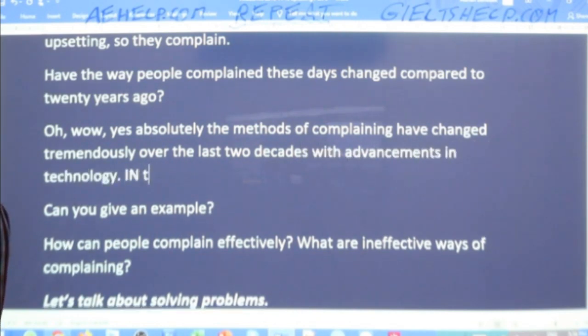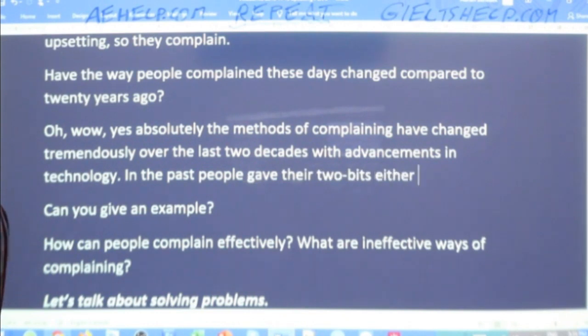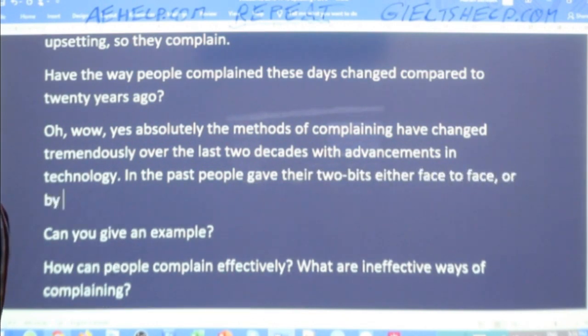In the past, people gave their 2 bits either face to face or by sending a letter.